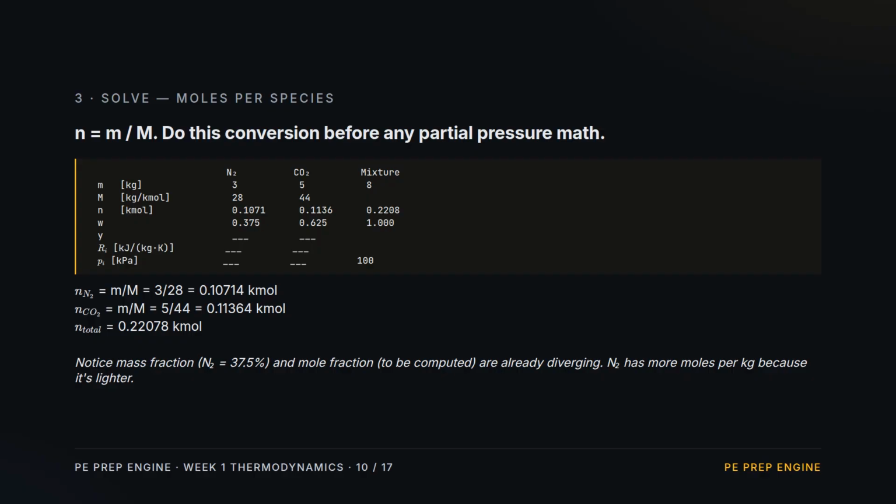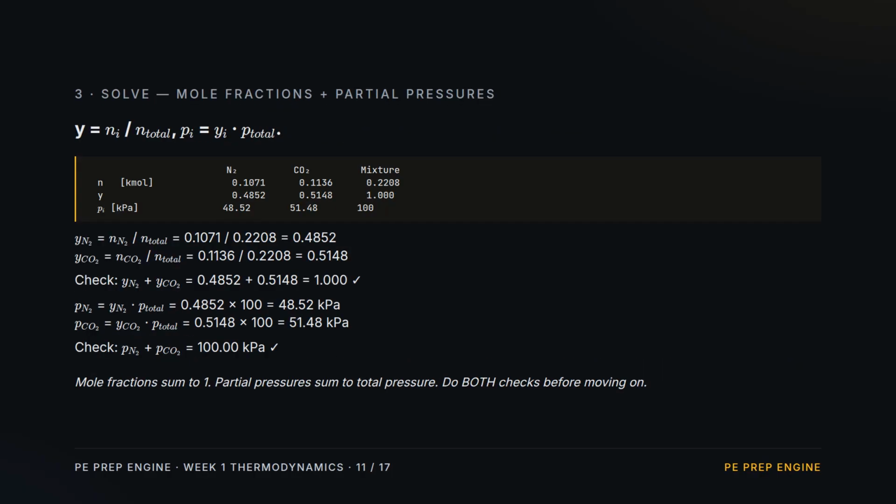Exactly why mass and mole fraction diverge. Step 2. Mole fractions and partial pressures. Mole fraction is each species moles over the total, about 0.485 and 0.515, summing to 1. Partial pressure is mole fraction times total pressure, about 48.5 and 51.5, summing to 100.